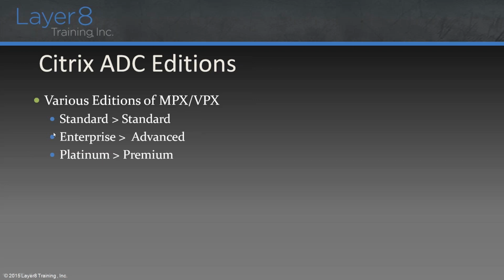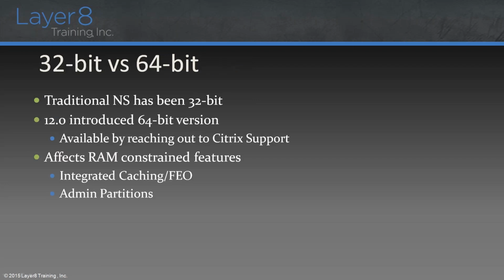Also, something else to talk about. This goes back to the 12.0 version. In the 12.0 version, they introduced a 64-bit version of the code. Now, if they had not introduced a 64-bit version, I probably would not have known that we were using 32-bit operating systems.